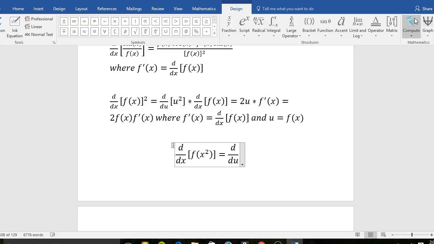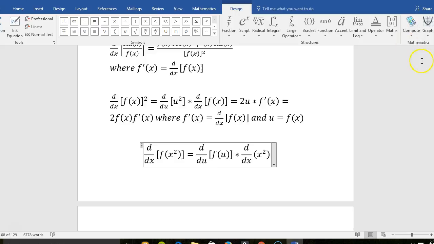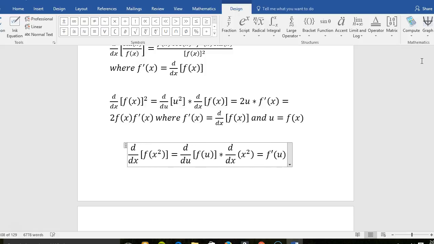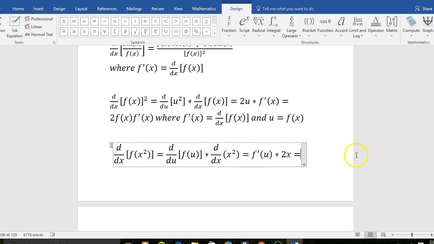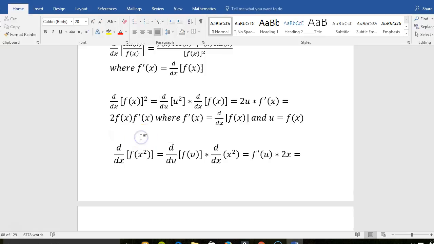So I'd have d by du of f of u, and then times d by dx of the u term, which is x squared. We're letting u equal x squared. And that would naturally give me f prime of u, and then times 2x. Let me go down a line.